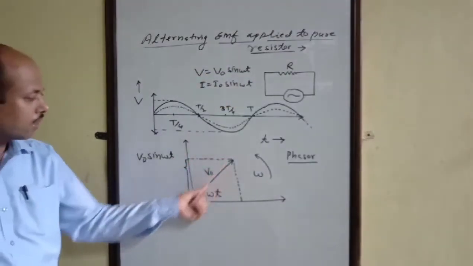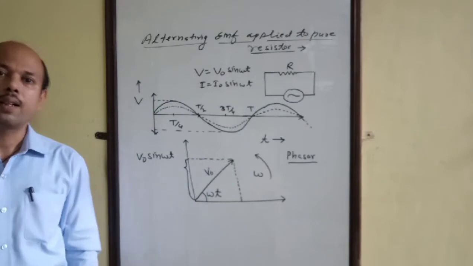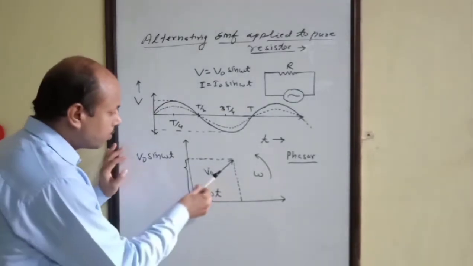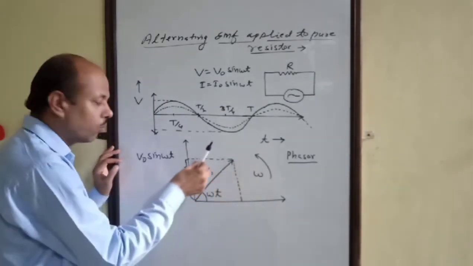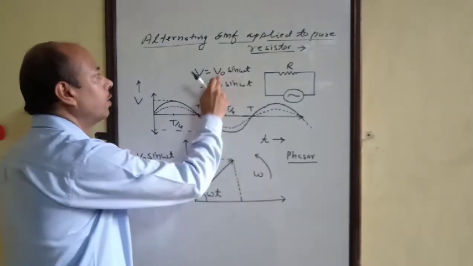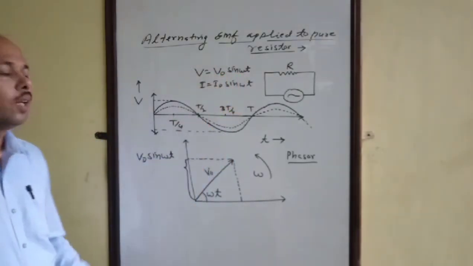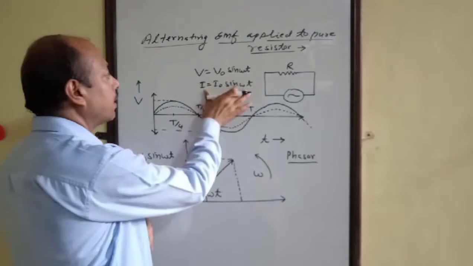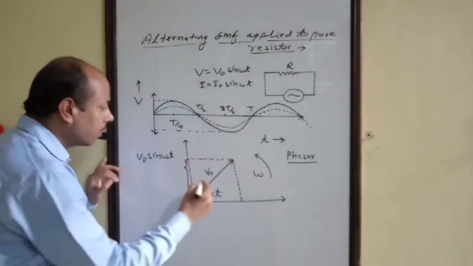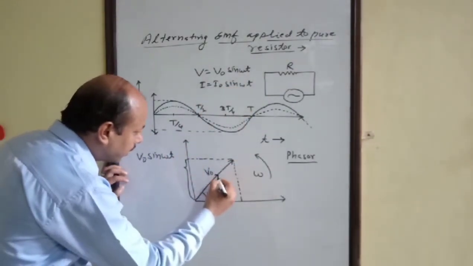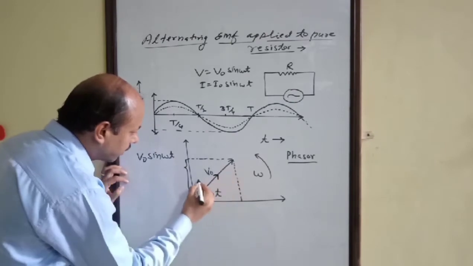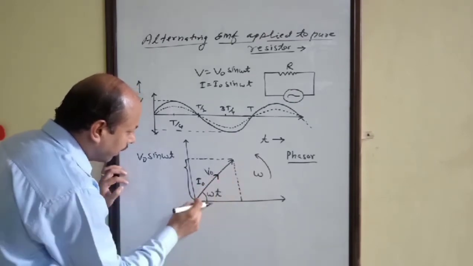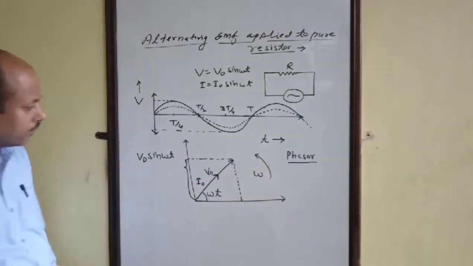By a phasor, we can also represent the current. In a similar manner, since voltage is represented by V equals V naught sin omega t, we have to represent current also in the same phasor diagram. Therefore, we can consider a new phasor of length I naught.